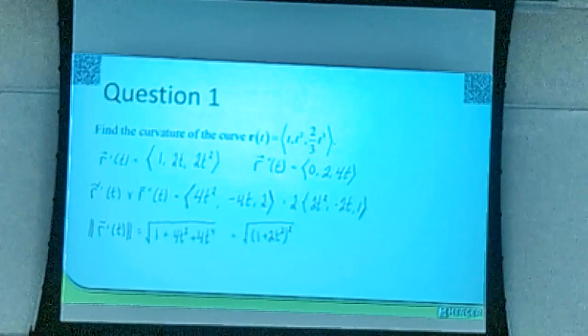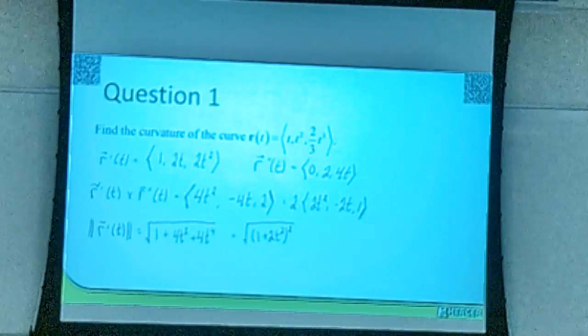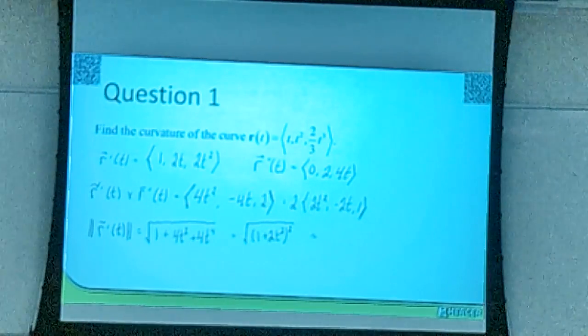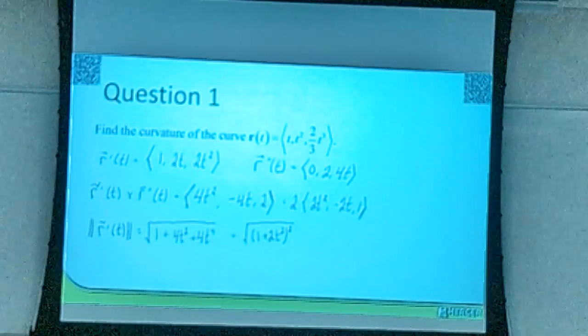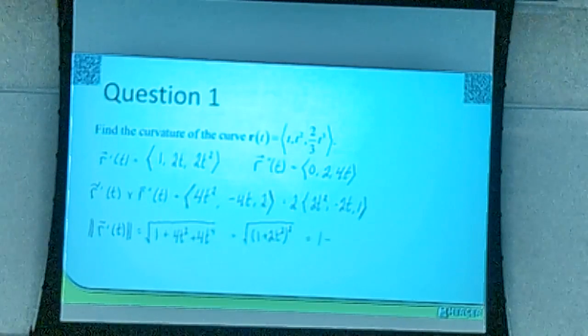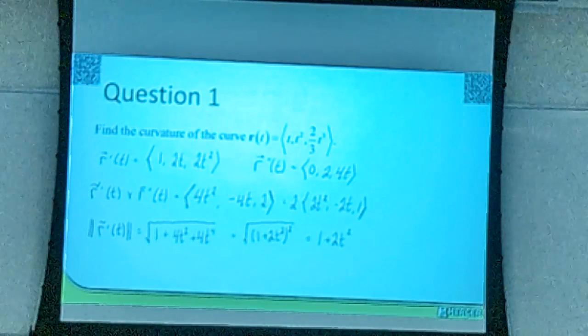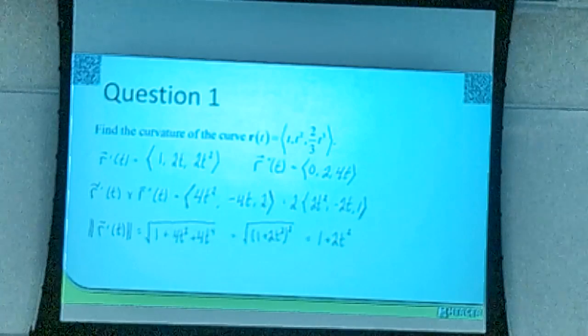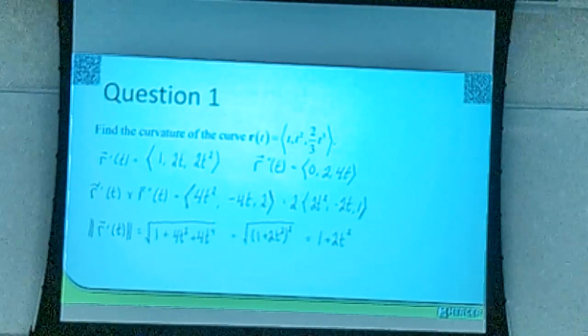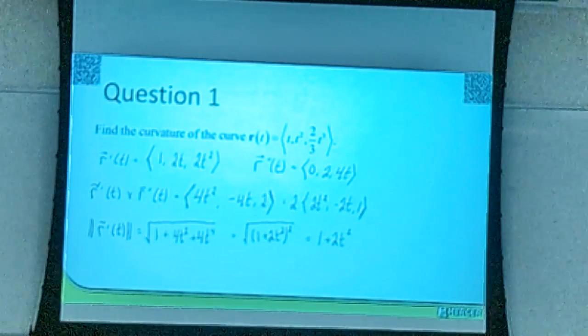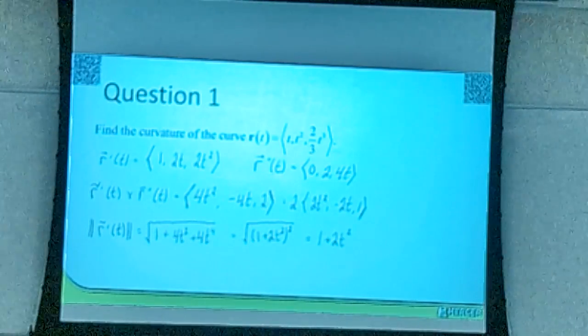It's 1 plus 2t squared, squared. But 1 plus 2t squared is always positive. You take the square root, you're left with 1 plus 2t squared. There's the magnitude of r prime.